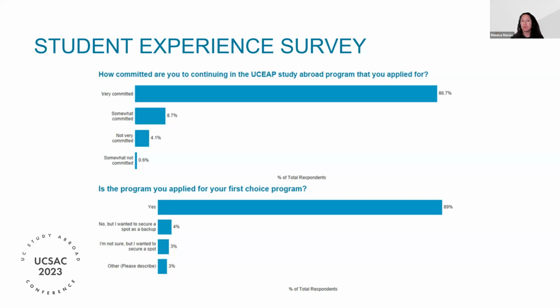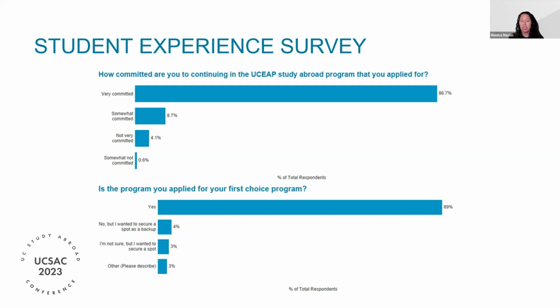We were able to look into more than communication and ask questions related to students' understanding of the process, who to contact about what, their actions that they took before submitting their application, their level of commitment to continuing in the program that they applied to, and an overall application experience rating. The majority of applicants selected a score of 7 or higher on a 10-point scale with an average satisfaction rating of 7.5.